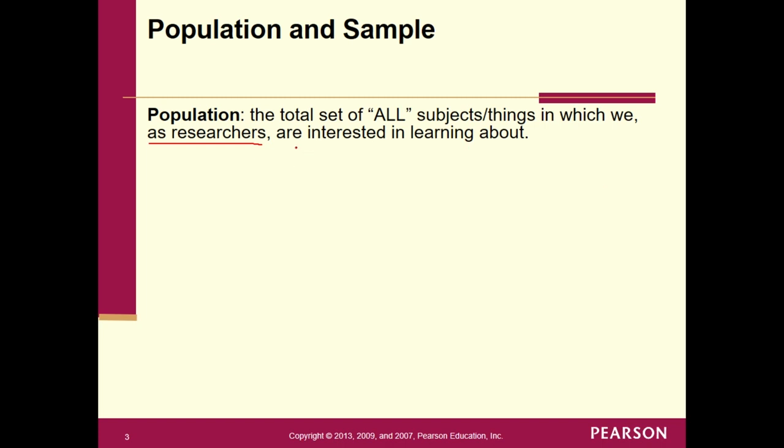The researcher defines the population. A lot of times when we think of a population, we think of the population of the United States or the population of the world. Don't think of it just as that. Some problems might define the population like that, but other problems will define it as a much smaller group of people or things.